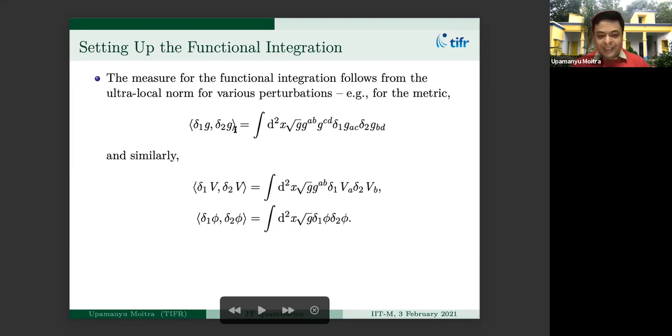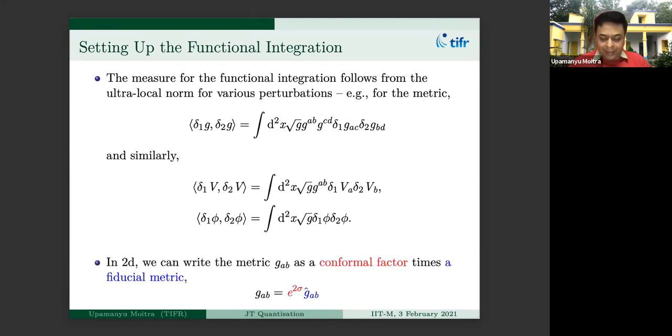And similarly, for some vector perturbations, we define a norm this way. And for some scalar perturbation, for example, for the dilaton and the Liouville mode perturbations, we would define the measure this way. And the measure that would follow from these inner products is what we are going to use for the final path integral.